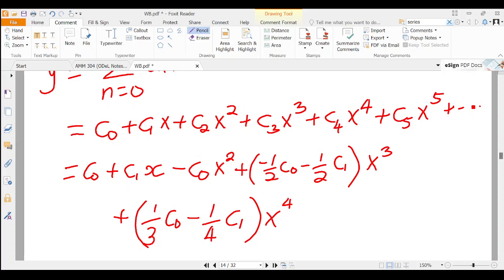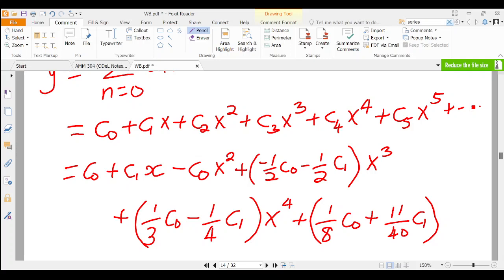Then C5 is 1/8 C0 plus 11/40 C1. So this is multiplied by x raised to power 5.